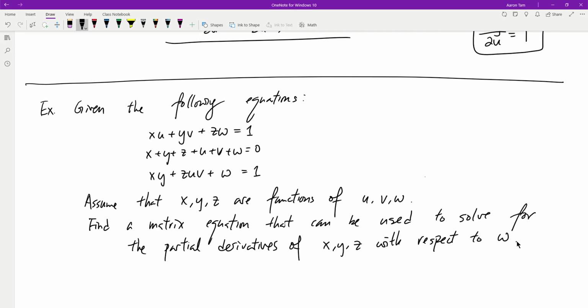So essentially what I'm looking for would be dx over dw, dy over dw, and dz over dw, but not actually what those derivatives are, but rather a matrix equation that can solve for those three things.